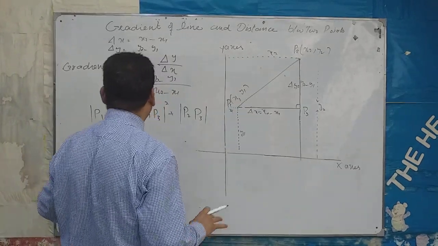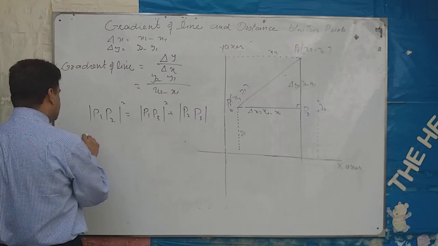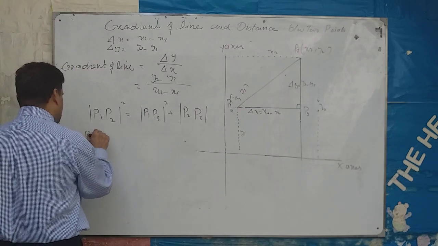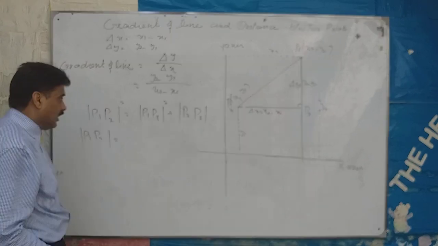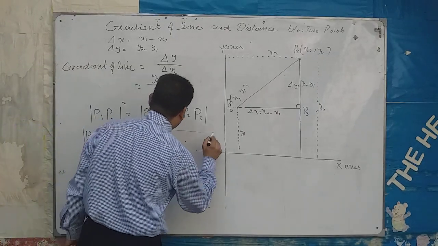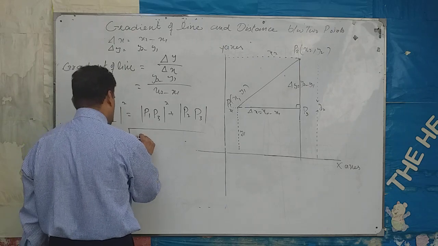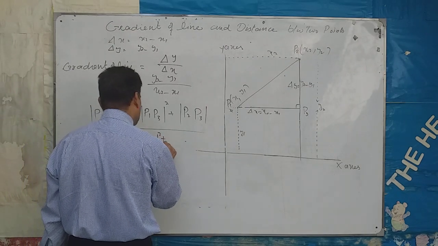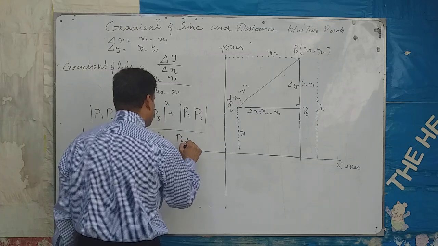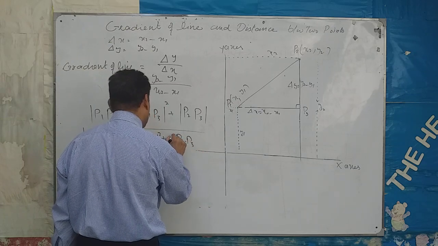Therefore, we take the square root on both sides. By taking the square root on both sides, the distance P1, P2 becomes the square root of P1, P3 squared plus P2, P3 squared.